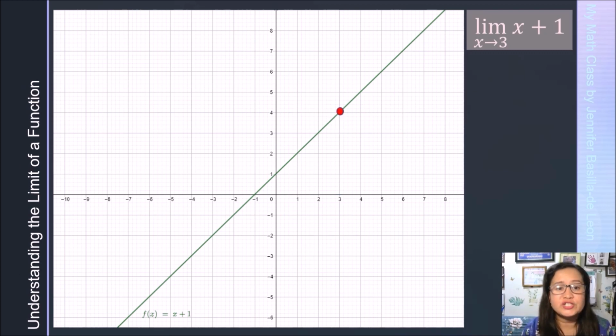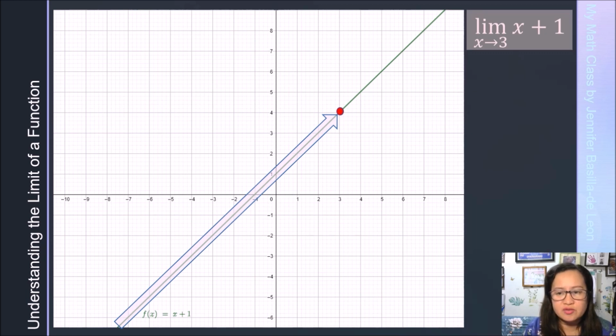Let us trace the graph. From the left, as our pen approaches 3, the value of f of x becomes closer to 4. As we trace the graph from the right, we can see that as x approaches 3, the value of f of x also gets closer and closer to 4.